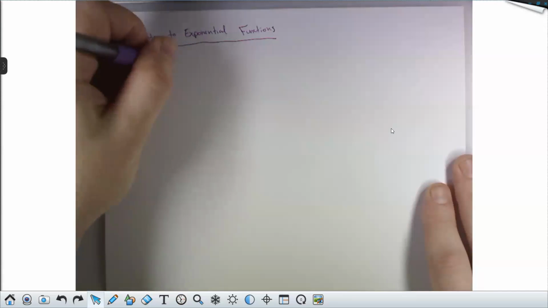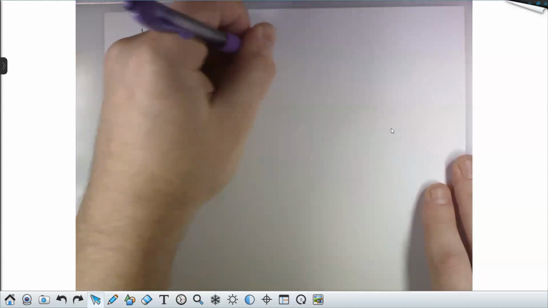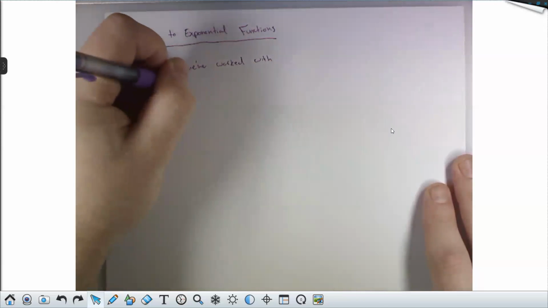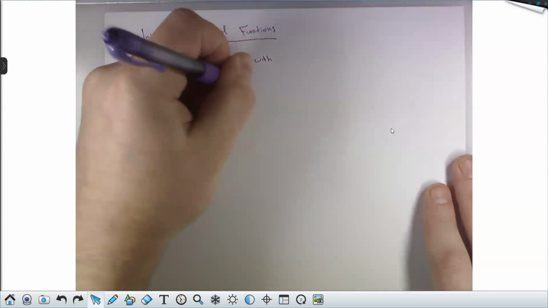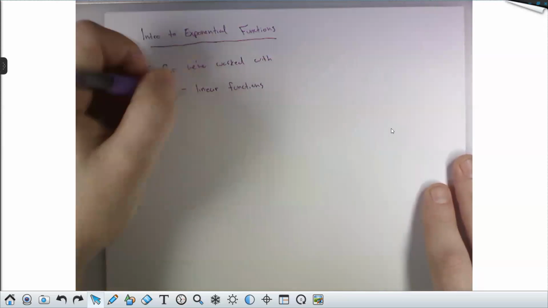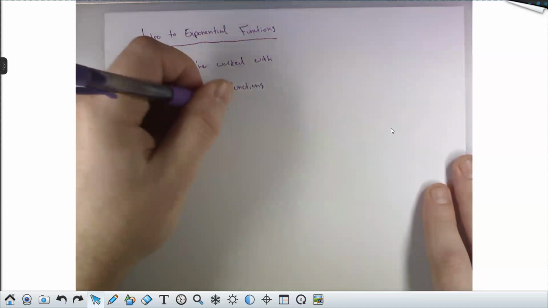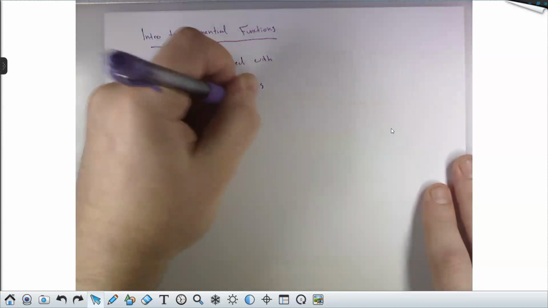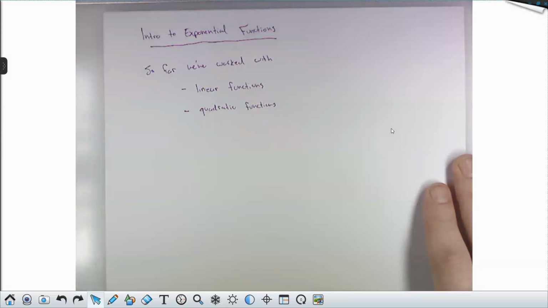So far, we've worked with linear functions, quadratic functions. Linear functions are things like ax plus b or mx plus b.